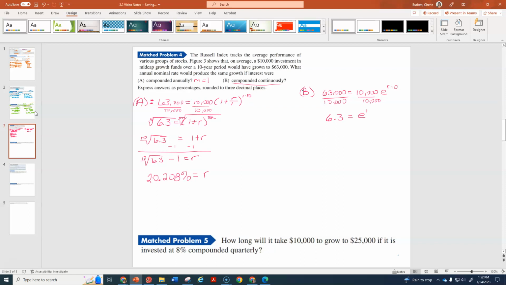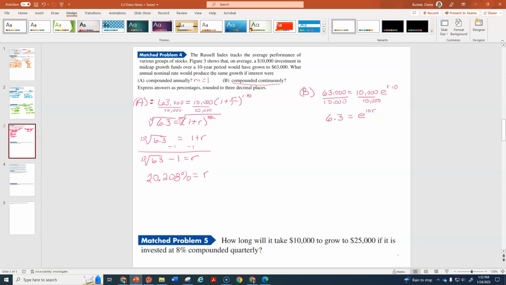And now I'm left with an E, which is a number, raised to an exponent that has a variable. I can't take the R root because I need a number in order to, like I did here. I had a 10, so I could take the 10th root. I don't have the number because R is a variable. So how do I undo an exponent that's a variable?